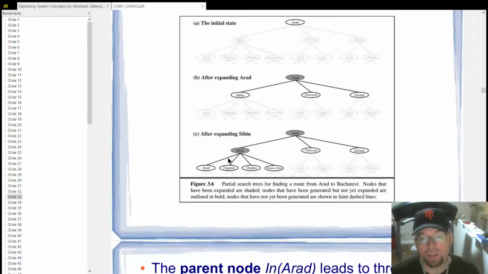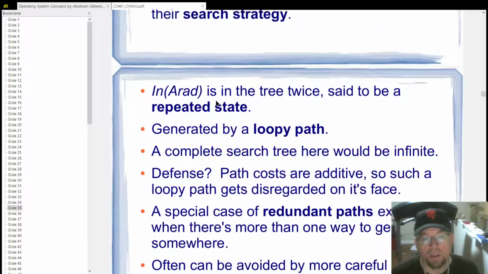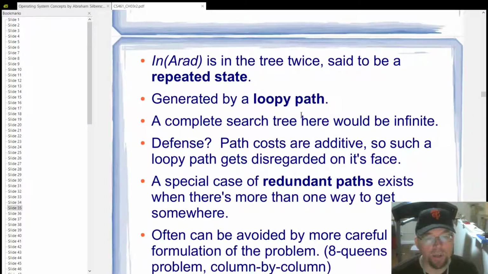This could become an infinite loop based off of how the actions are defined within this problem. So if it's possible for you to end up in a loop, then you'll have to deal with that in some way. And so the textbook is going to introduce to us a couple of different algorithms that are potential solutions for this. Call that a loopy path.